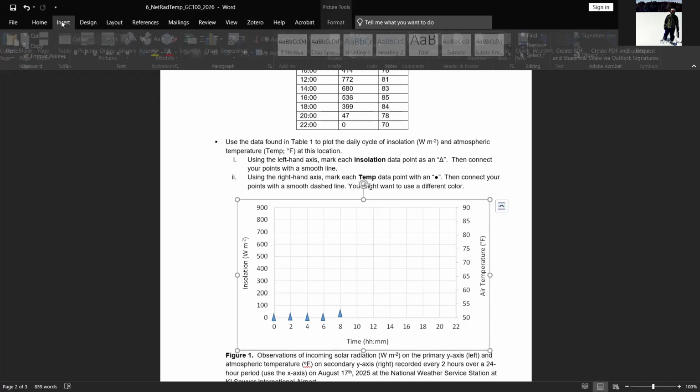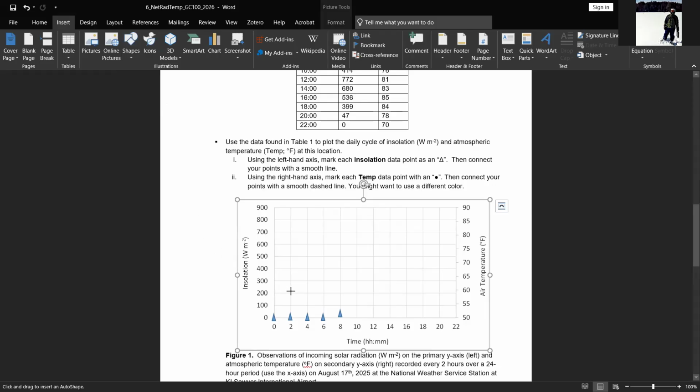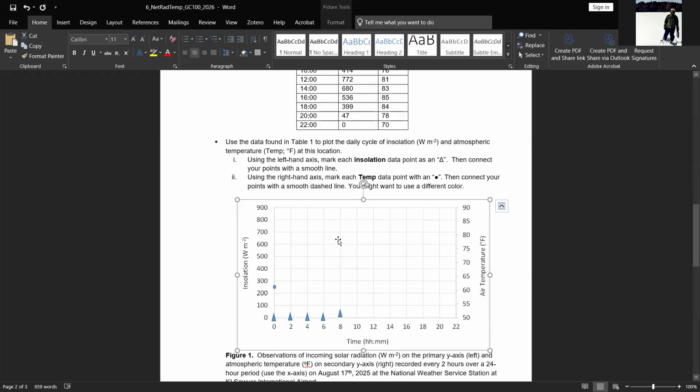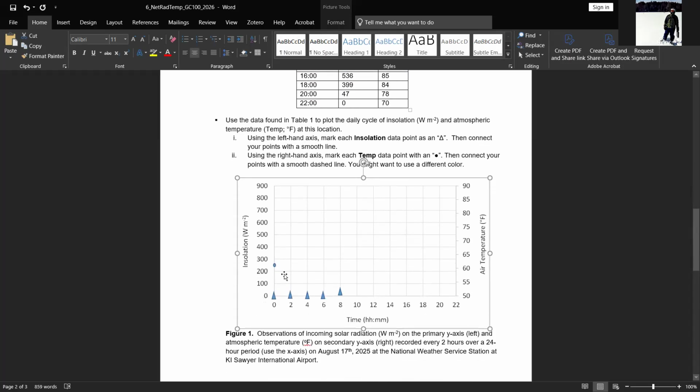So I'm going to insert a little circle symbol, and our point was about 60. So we'll add a dot right about here. Then we were right at 61 for the first multiple observations.